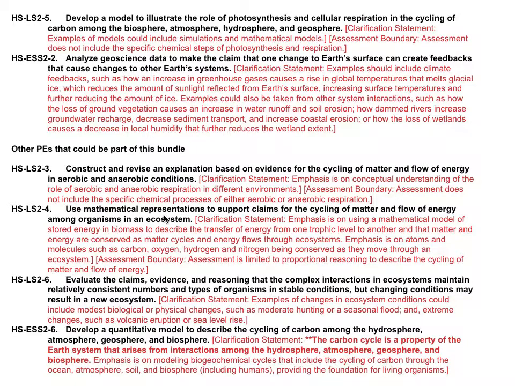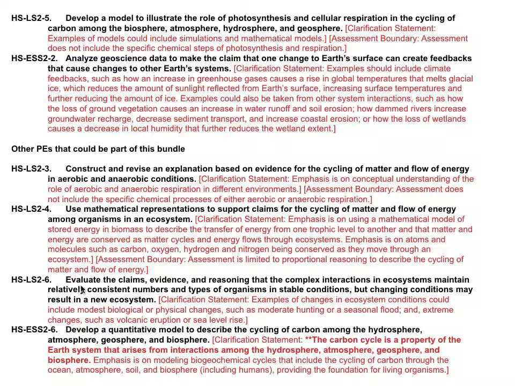We can also start putting some real numbers on things and perform mathematical representations to look at how biomass is moving from one part of the system to the other, and that would be LS2-4. Again, we'd have to add other additional activities to our lessons in order to go there.